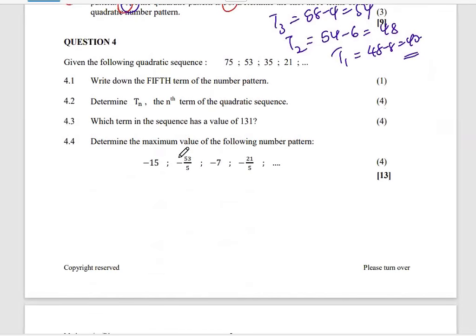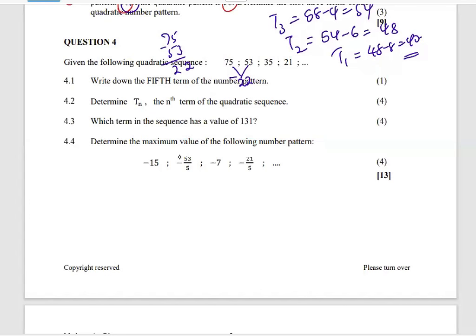We have a quadratic pattern or sequence: 75, 53, 35. Write down the 5th term. So what are they doing here? From 75 to 53, they are subtracting 22.